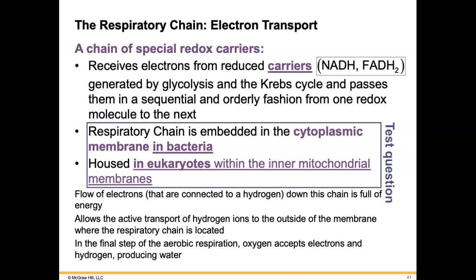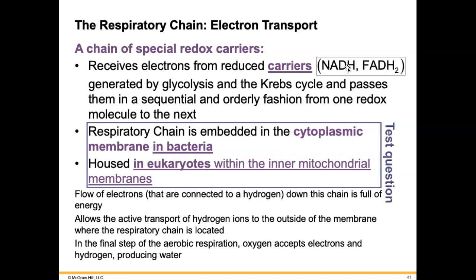So the ETC is a chain of special redox carriers that receives electrons from reduced carriers. So these guys, as they get thrown out of the Krebs cycle, they are carriers of electrons, right? And this is important to remember, again, that those electrons are accompanied by a hydrogen.